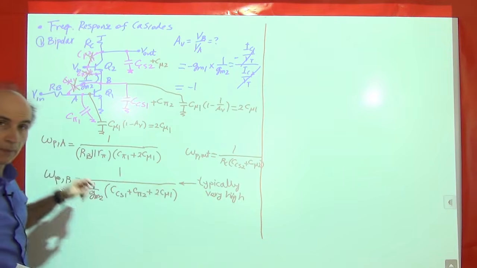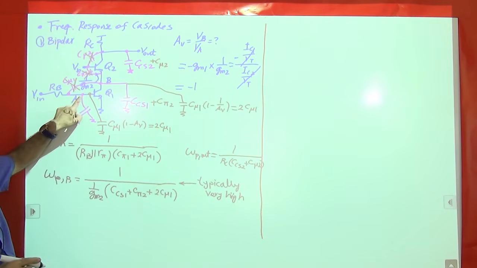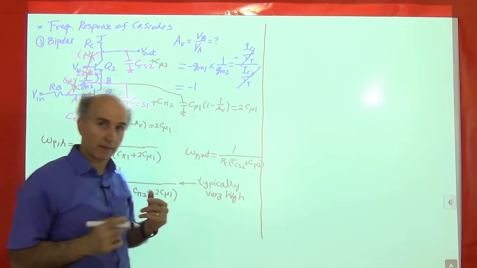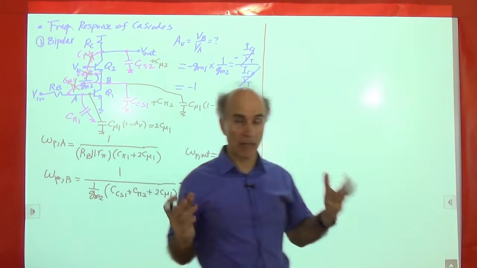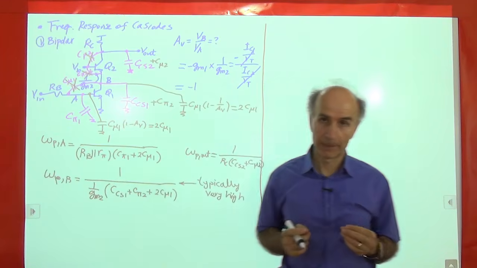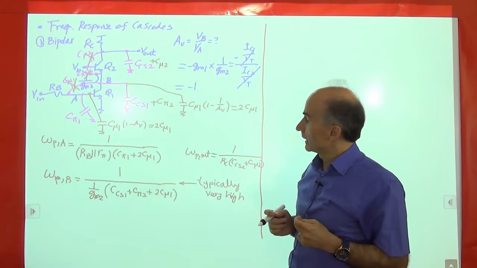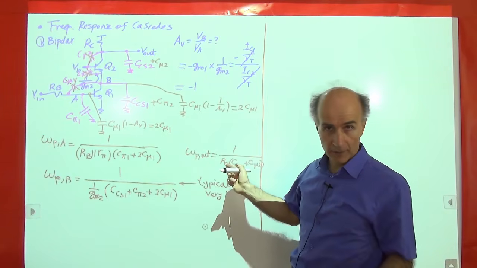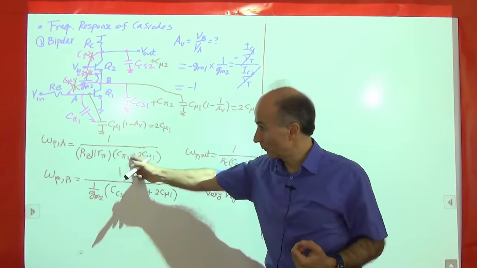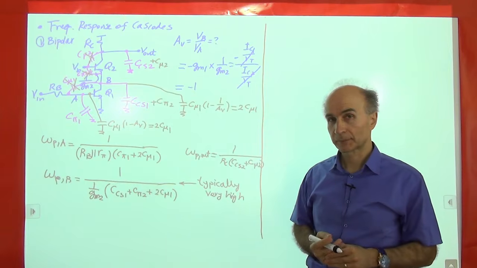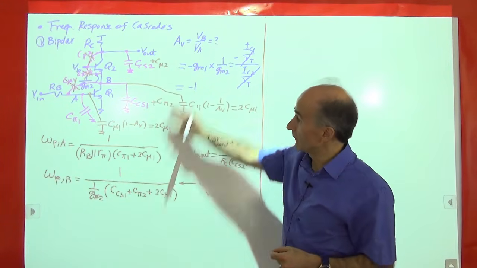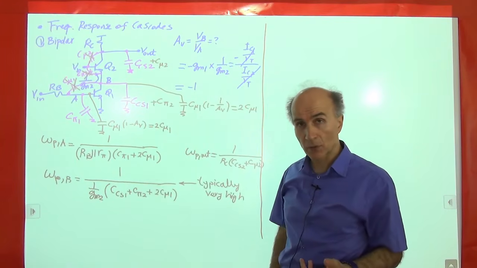So typically we end up with the input pole at node A and the output pole as the 2 candidates that might limit the speed or the bandwidth of the circuit. Okay? And in most cases it's the output node that limits the bandwidth, but there could be some exceptions where the input pole limits the bandwidth. All right. So we should repeat all of this for the MOS cascode.